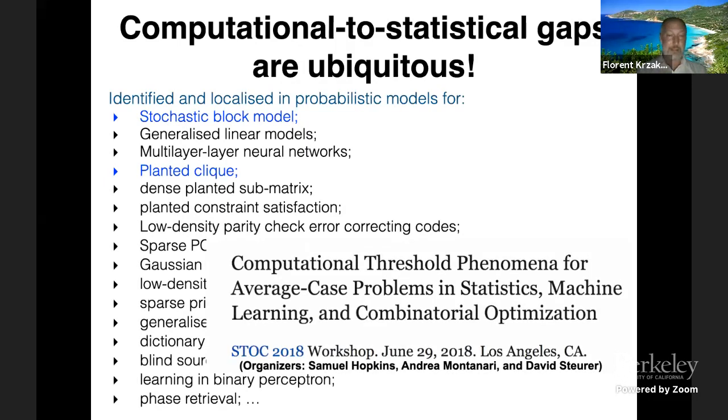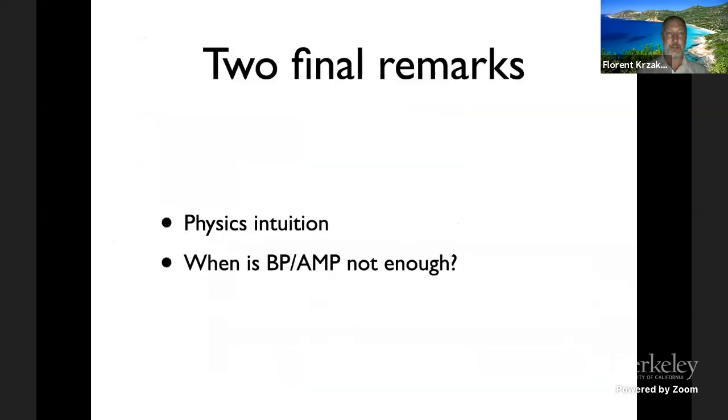And we had a very nice workshop organized by Sam, Andrea, and David 2 years ago about this topic in Dagstuhl. All right, my time is almost up, but this is pretty much what I wanted to tell you: what are the consequences of the formalism we saw yesterday, and where do we stand now?